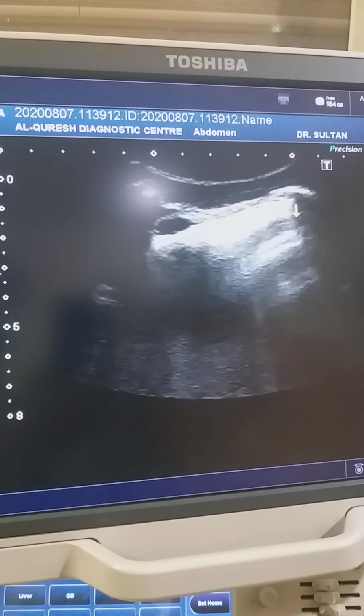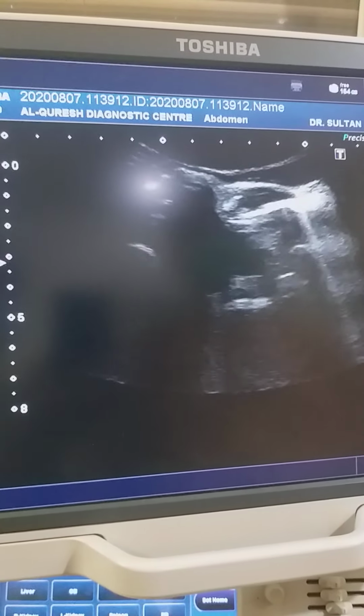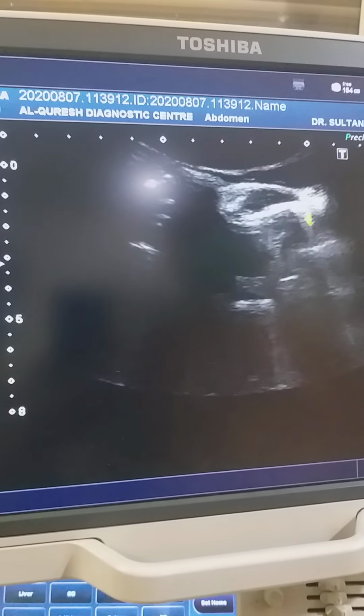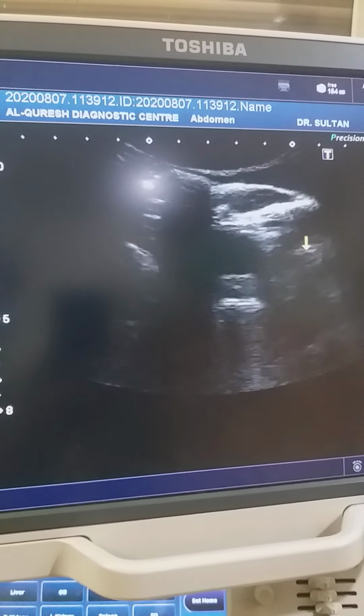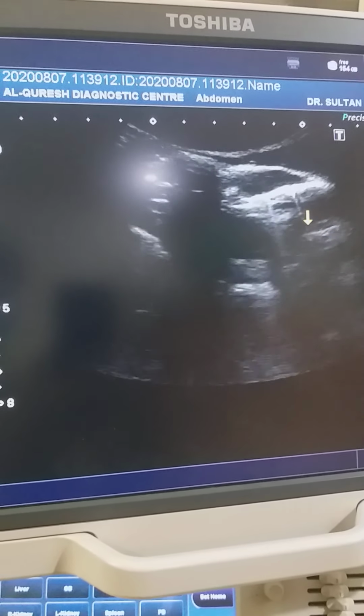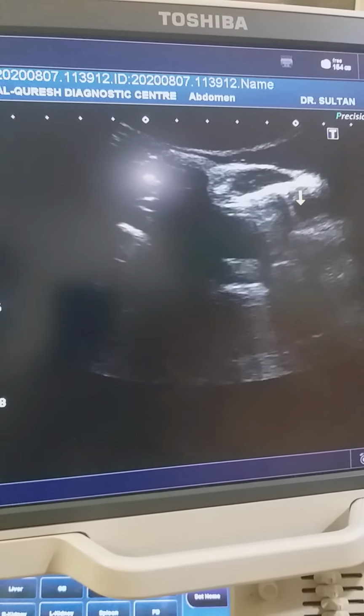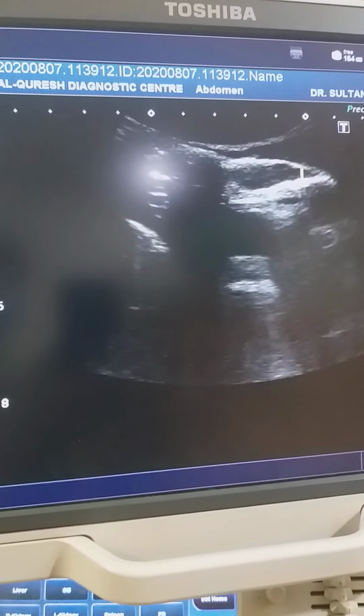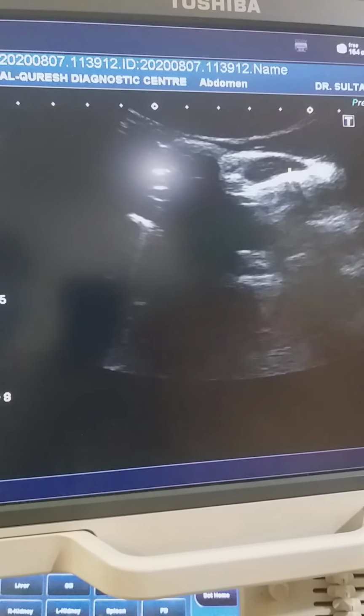So here you can see that these A lines become decreased or absent or vanished. This is the reason that my probe is not perpendicular to the pleural line.